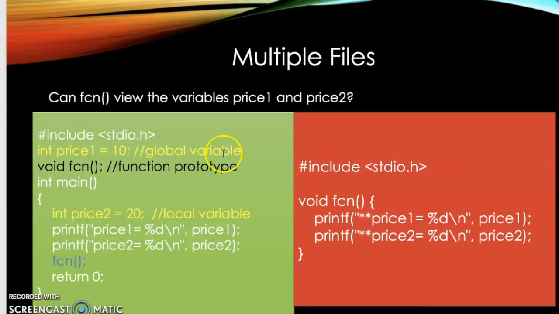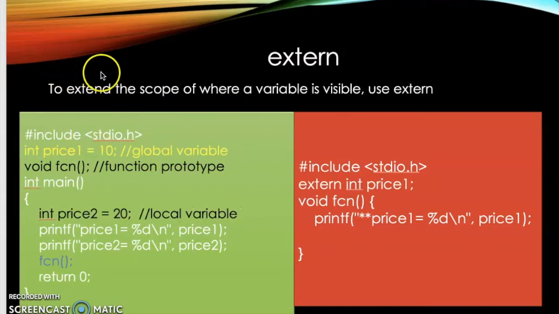But there is some hope with a global variable. If I make a tiny little tweak to this program, I will be able to access that. And the tiny little tweak that ties into what the topic of this video is, which is the extern.